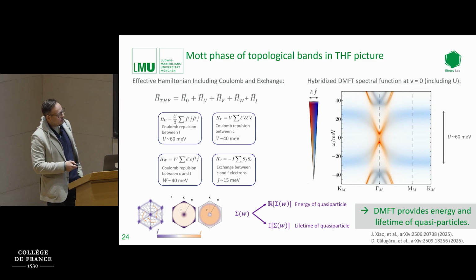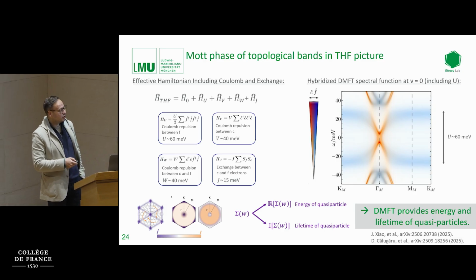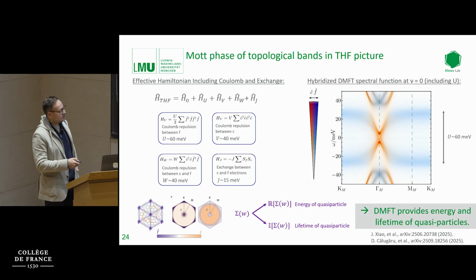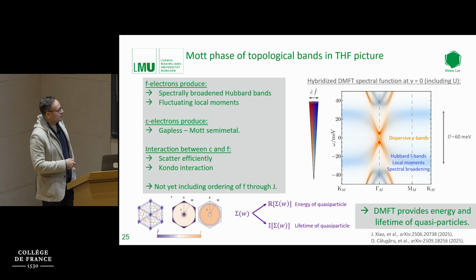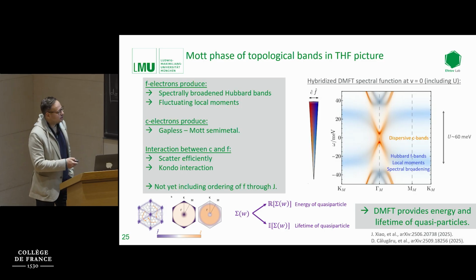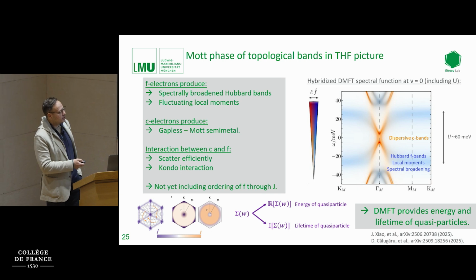However, you don't necessarily form an insulator between those bands because there are still these dispersive bands in the way, right? So these dispersive bands are still there, and therefore how to think of such a spectral function is that you really have to take into account both of those contributions. Of course, our transport properties are still defined by these dispersive C bands, because the Fermi energy is here at 0, right?